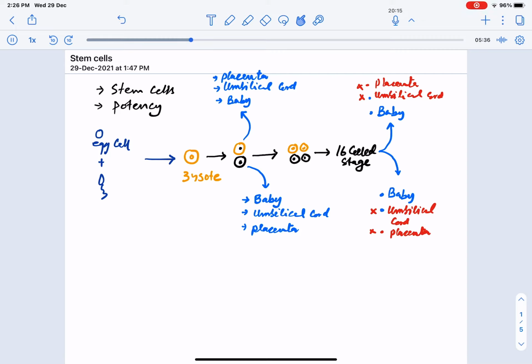This baby develops and grows and develops into an adult individual. In an adult, the different cells or the tissues are found.